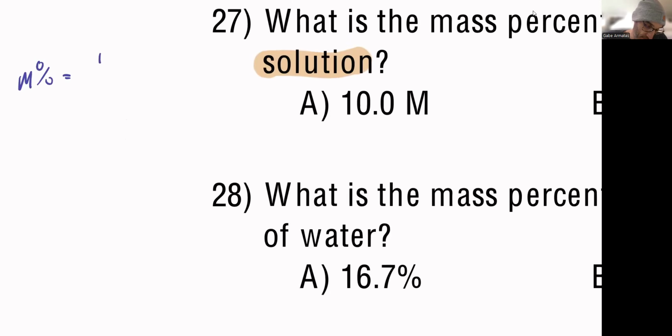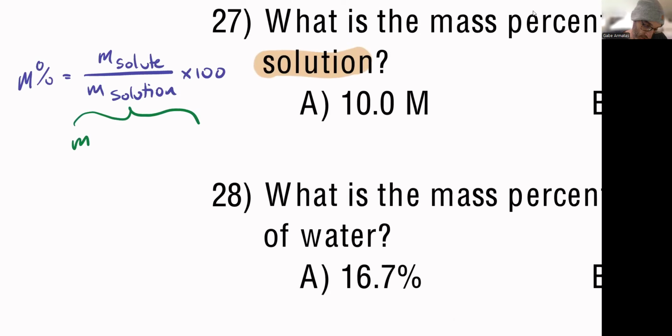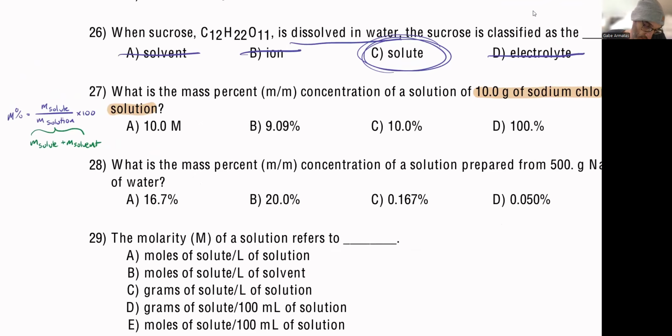In this case, it is going to be the mass of my solute over the mass of the solution times 100. We have to recognize that the mass of solution is simply the mass of solute or solutes, if there's more than one, plus the mass of solvent, times 100. So solute over the total stuff present. That's really important because some people just substitute in the solvent, and that is not proper. So we need to make sure that we're doing that correctly.